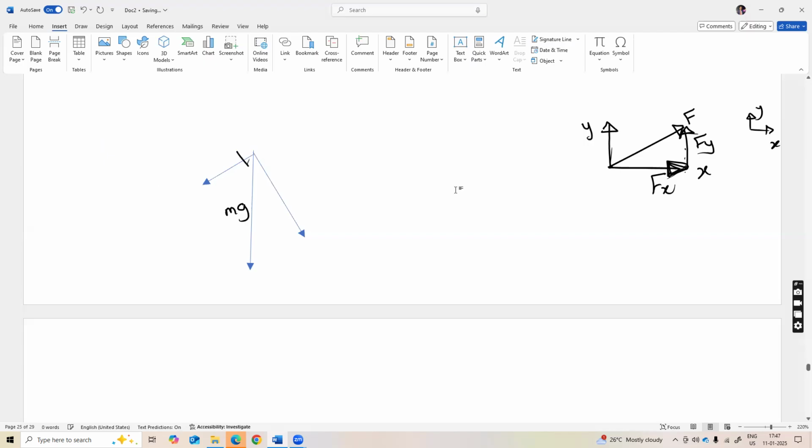So let's say this was your mass m. This angle is theta, that is clear to you, right?